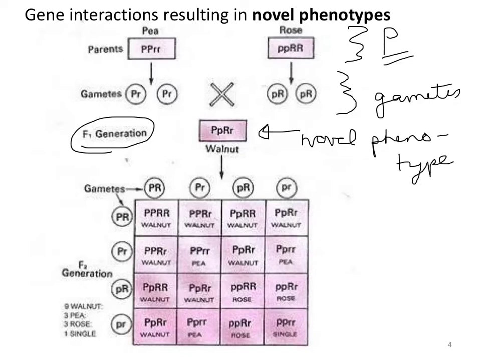What they did next is they got an even more interesting observation in that they let those walnut-combed F1s reproduce. So they looked at the F2 generation. These walnut-combed individuals can produce the gametes that are shown here and here, and you know how to describe those.